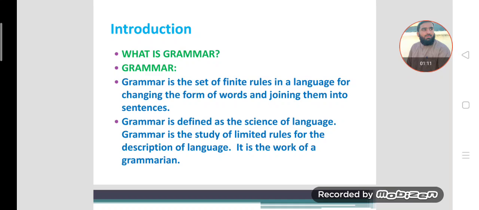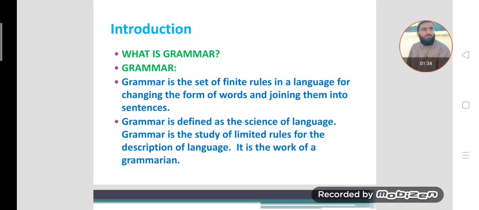Let us define what grammar is. Grammar is the set of finite rules in a language for changing the form of words and joining them into sentences. So, grammar is the set of rules through which we change the form of words and join these words into sentences.